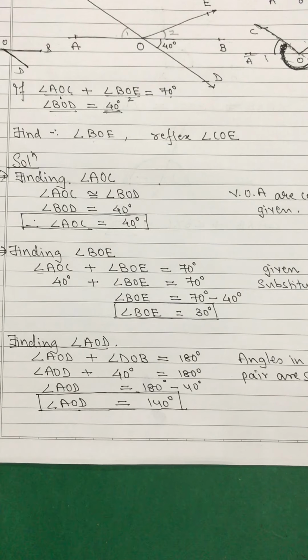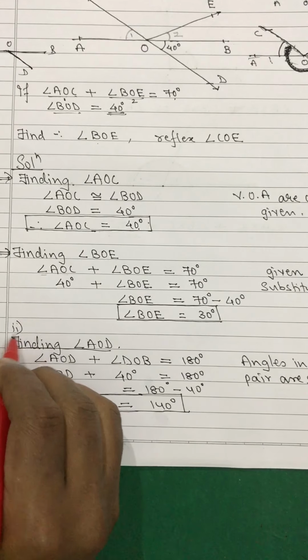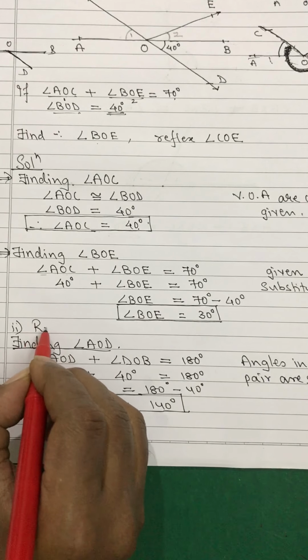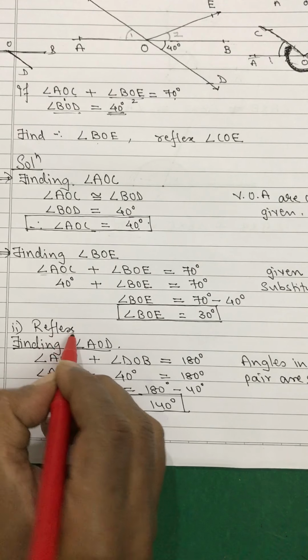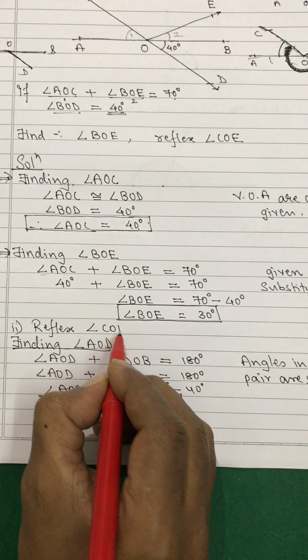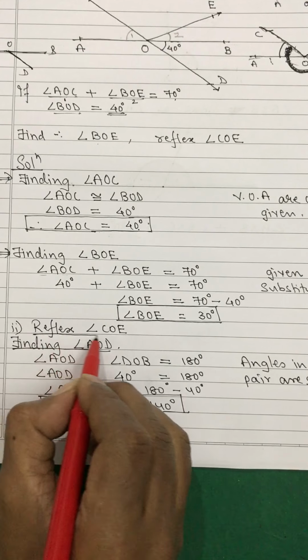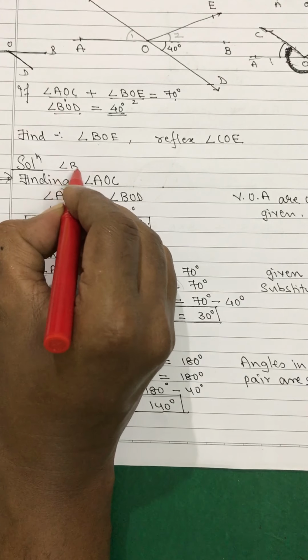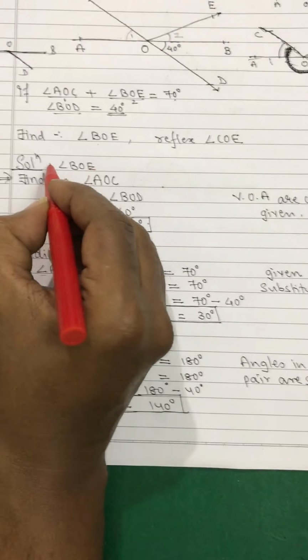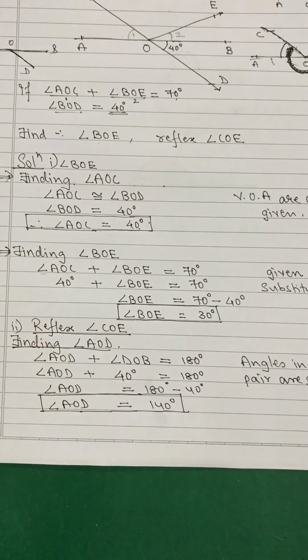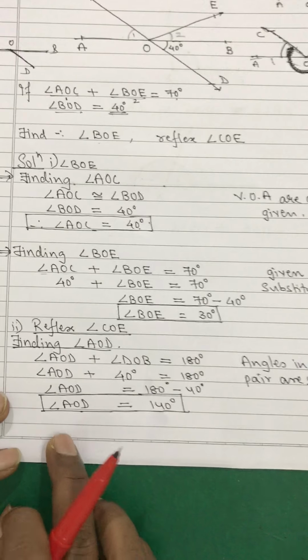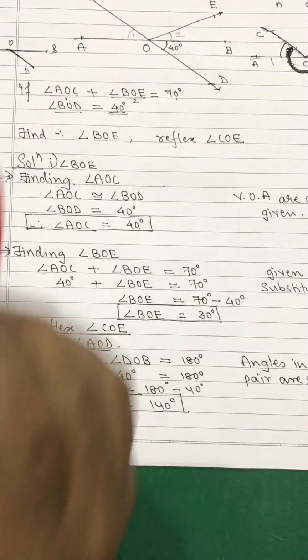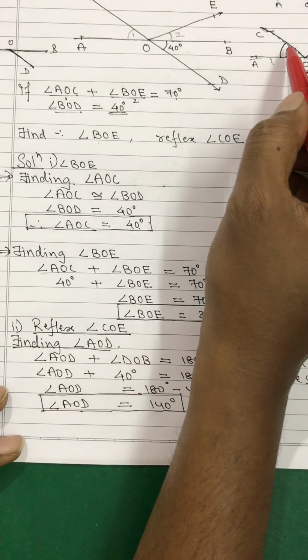Actually, here you should write what the main thing is. This you are going to find, right? Reflex angle COE. This is your main. For finding reflex angle COE you are finding angle AOD, and here also angle BOE. You are doing all these things for that. Now you have got angle AOD, so now you will use everything.